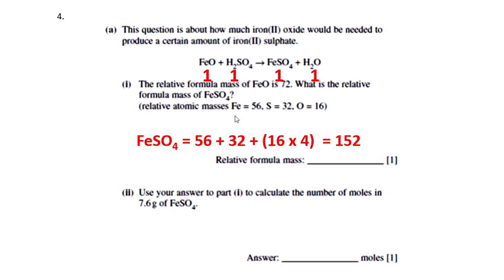Well, FeSO4, again, use the atomic numbers there, 56, 32, Fe and S, and then 4 oxygen, 16 times 4, so 152. Then use this to work out the number of moles in 7.6 grams, so n equals m over RFM. So 7.6 divided by 152, and that works out 0.05 mole.